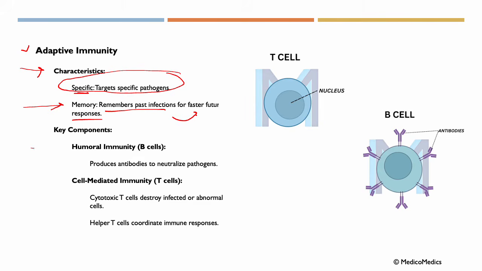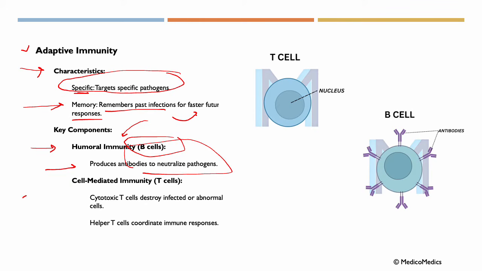Key components here include our humoral immunity, so our B cells. This humoral immunity is mediated by our B lymphocytes, and these B lymphocytes produce antibodies that circulate in the blood and in our lymph to neutralize pathogens.